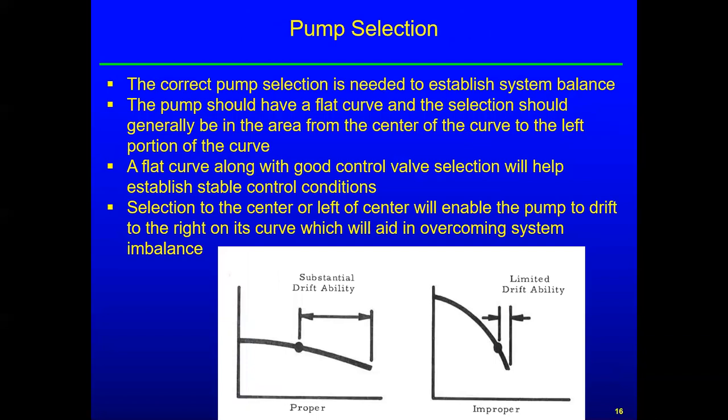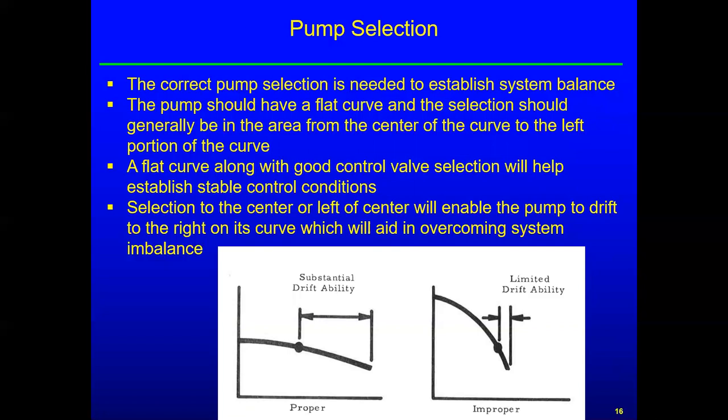Okay, pump selection. Pump selection is needed to establish system balance. Now these comments are for a throttling valve type system. These days, you probably are going to have a variable speed drive, and so I think the shape of the pump curve is not as critical in a system that has speed control.